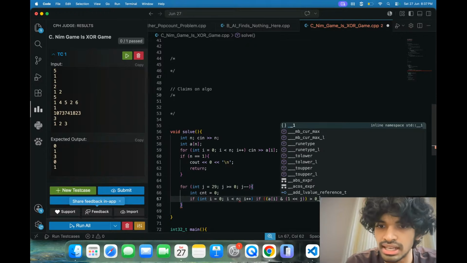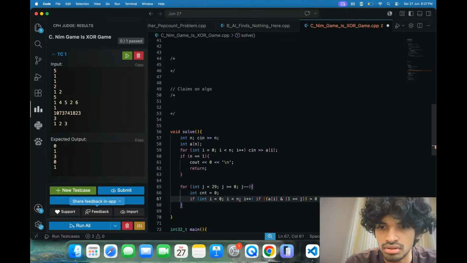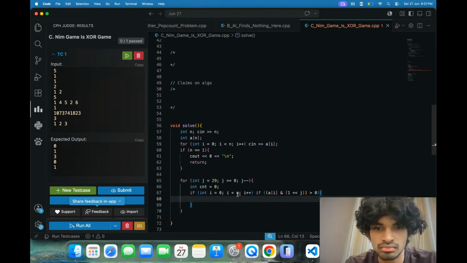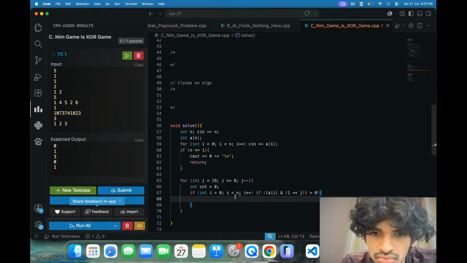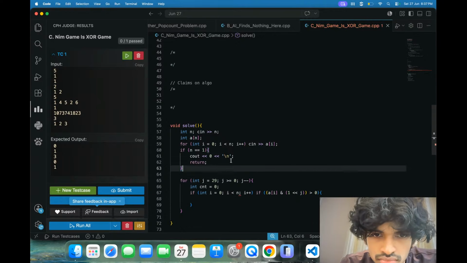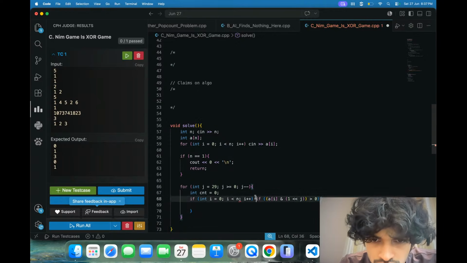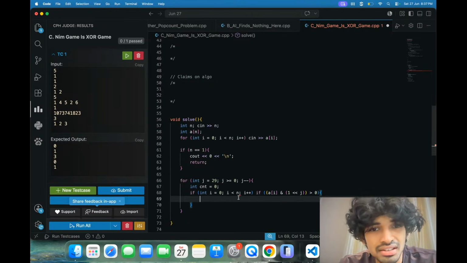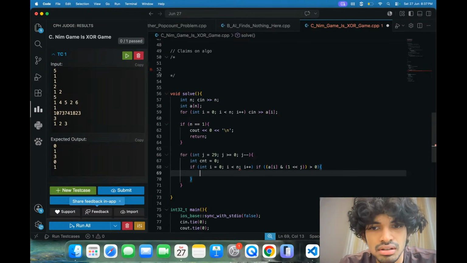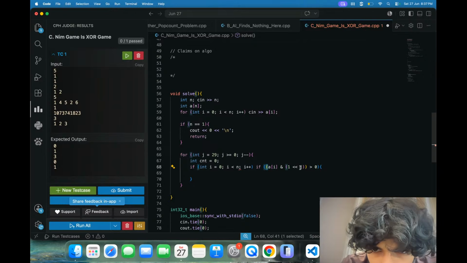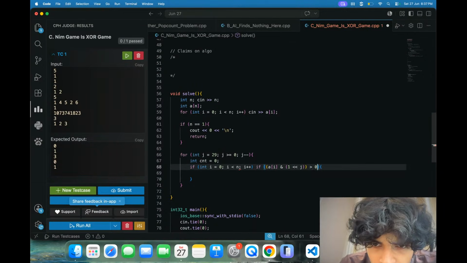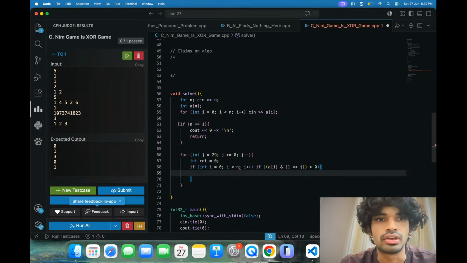So if this is active, what's happening here? It's annoying.